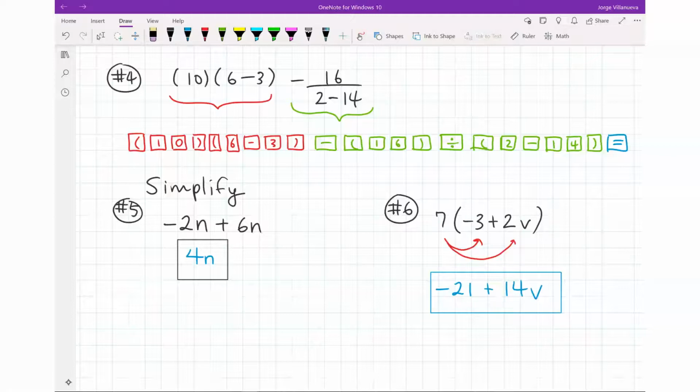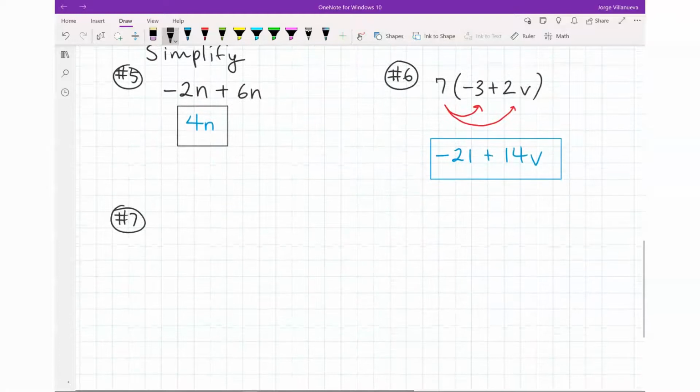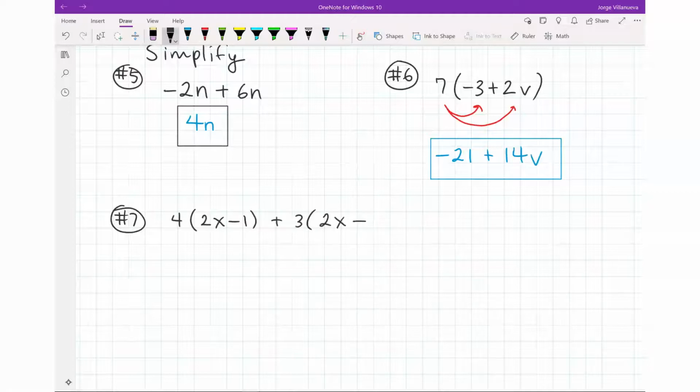Alright, I'm going to the last set of problems that we have over here, so they get a little bit more complicated. So let's look at example number 7 here. This one's a little bit more complicated because it does have a whole bunch more letters, right?